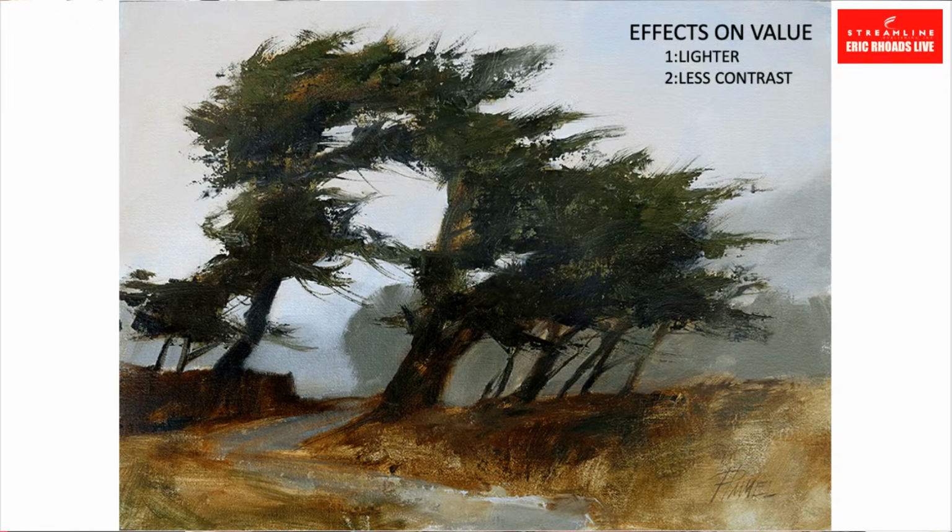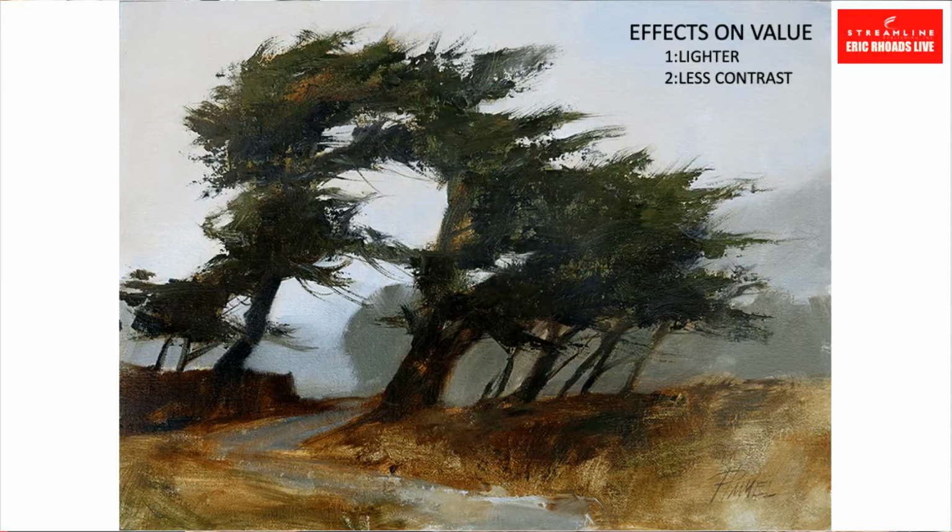Objects get lighter because less wavelengths are coming toward you, and there's less contrast between those objects. I've used this painting so you can see that behind the trees everything is getting considerably lighter. I think that was a rainy day, so that increased the effect. But that happens: lighter and less contrast between objects.